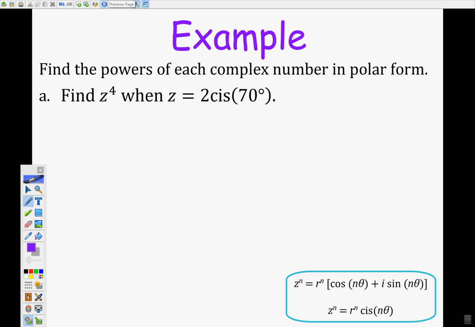So to find z to the 4th, I'm using my cis formula again. z to the 4th is equal to 2 to the 4th power cis of 4 times 70. So 2 to the 4th power would be 16, and 4 times 70 would be 280 degrees. And that's it. We found z to the 4th with De Moivre's theorem.